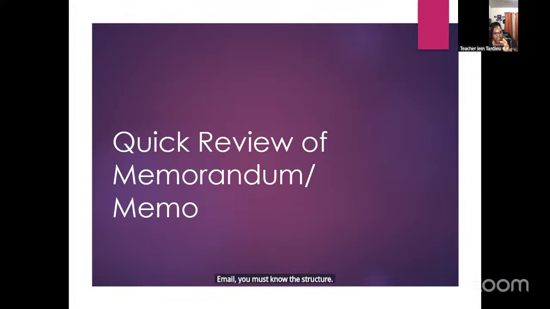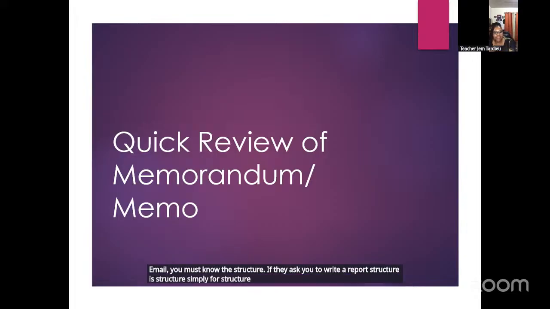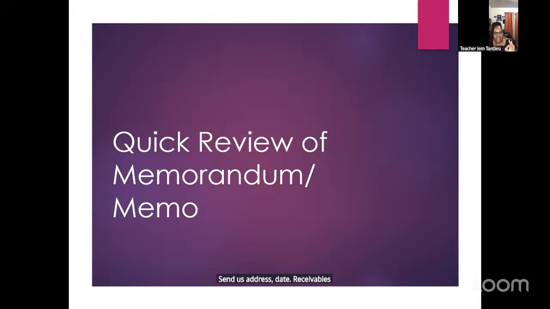The structure for both letters and reports is sender's address, date, receiver's address, salutation, subject, complimentary clause. That's your basic. And then whatever they ask you to do, you do with the body of it.